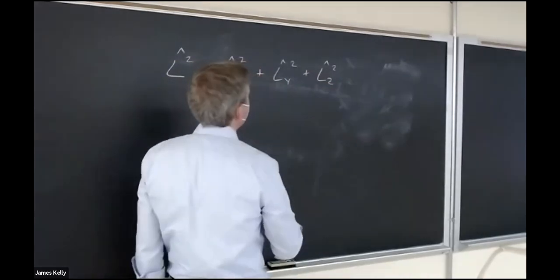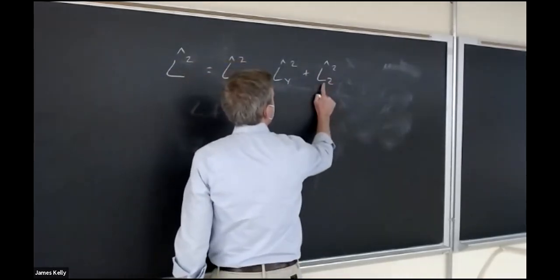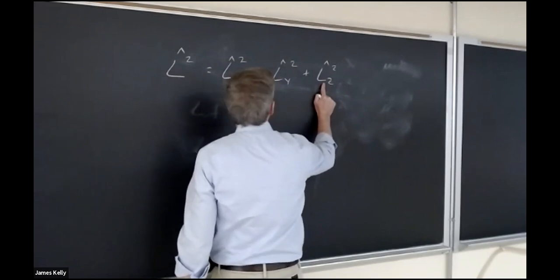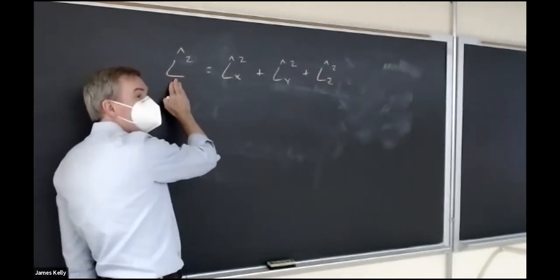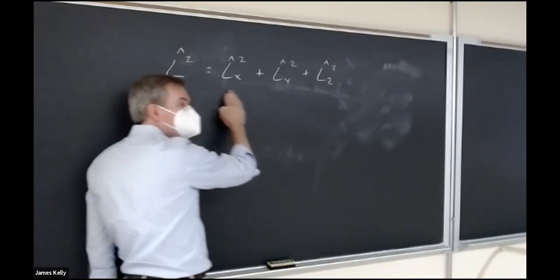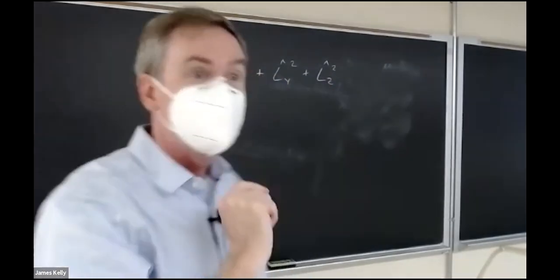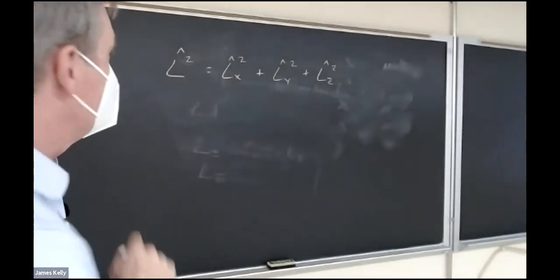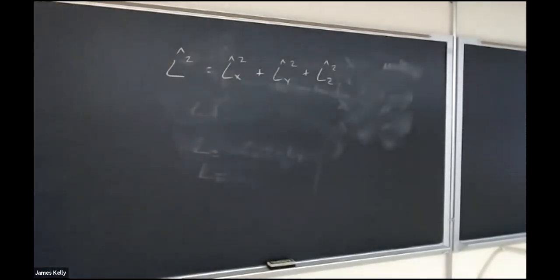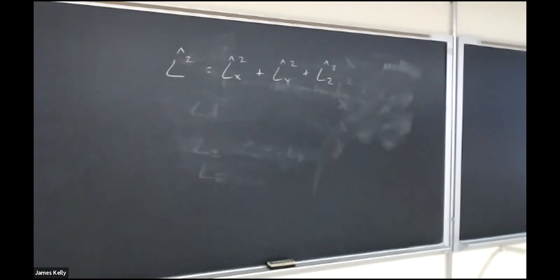And if I keep going up and up, this value is going to get bigger and bigger, and in fact, it will get bigger than this. So there's some sort of contradiction there where Lz is going to be bigger than the magnitude of L, if you think in terms of the corresponding eigenvalues. So that can't keep going on forever. At some point, Lz squared would be bigger than L squared, and that's impossible.